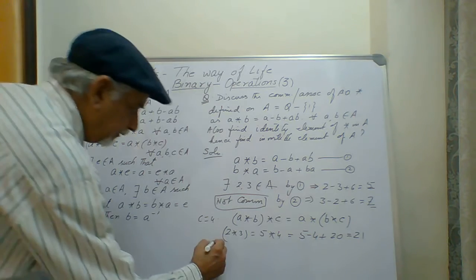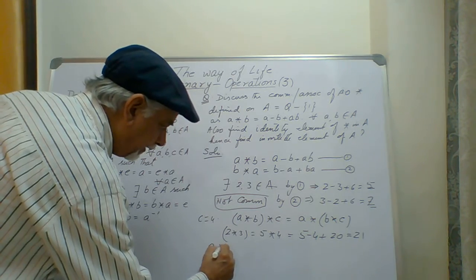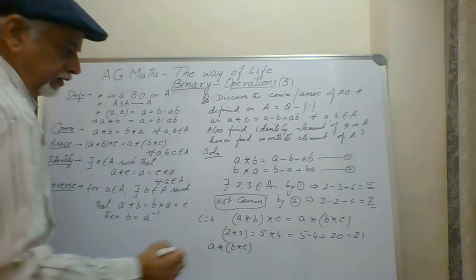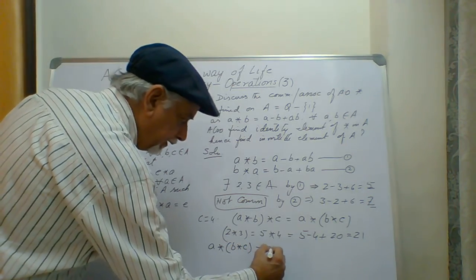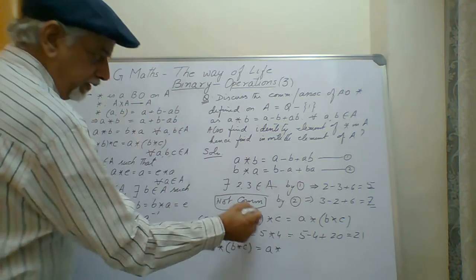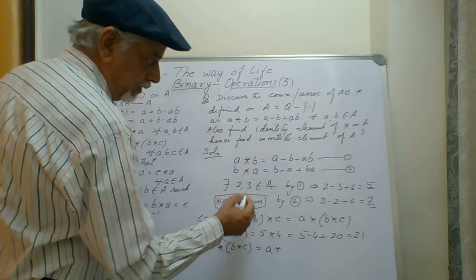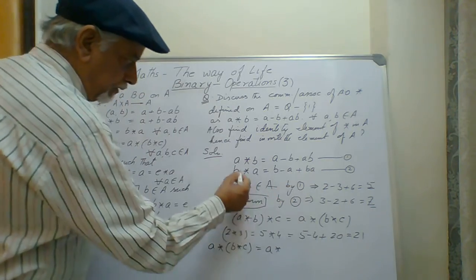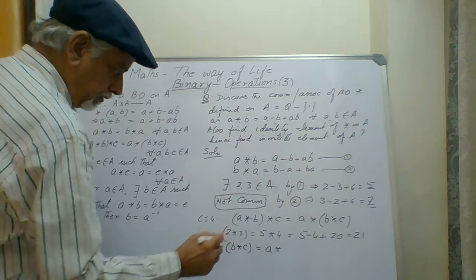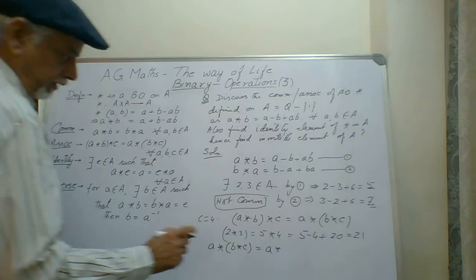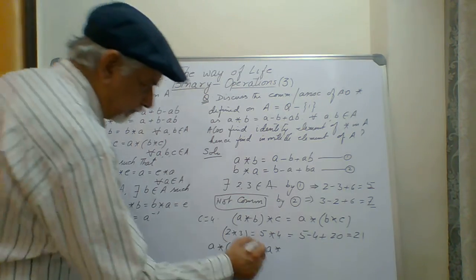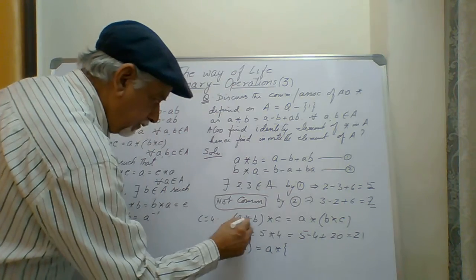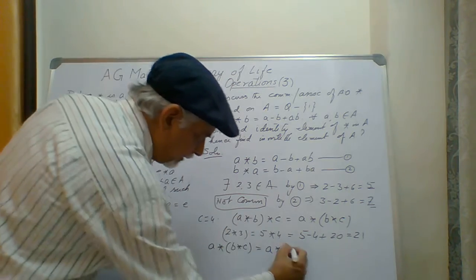If I take A binary with B binary of C as a whole, then what we get is A binary and B binary whole, which we have already worked out here, that is coming as 7. Result 2 was B binary C we have to do, right? So now B binary C will be something different, where B is my 3 and C is 4.